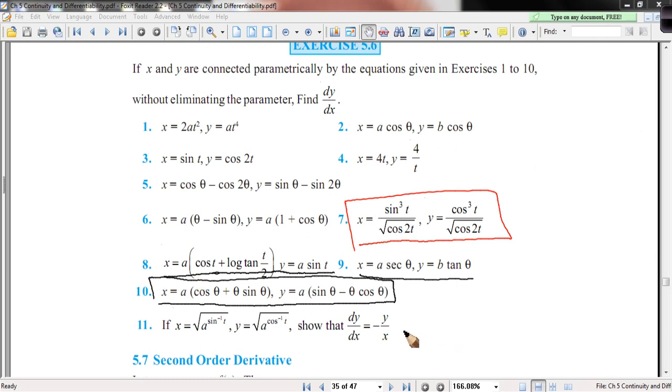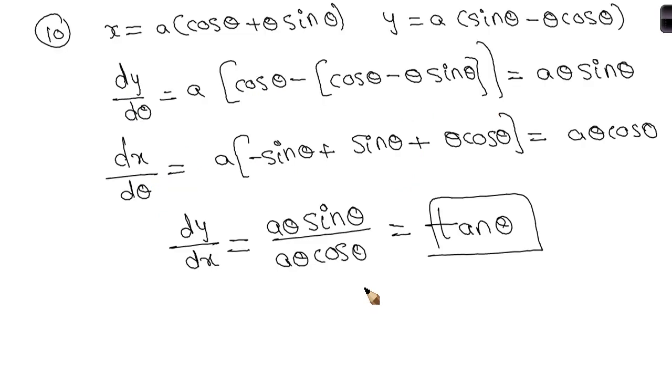Next one: x is equal to root of a power sin inverse of t, y is equal to root of a power cos inverse of t. Find dy by dx. I need to show dy by dx is minus of y by x.